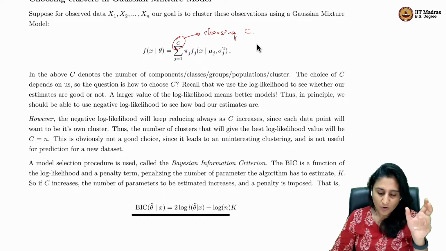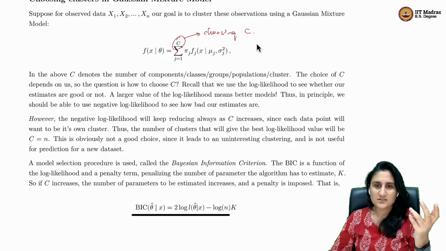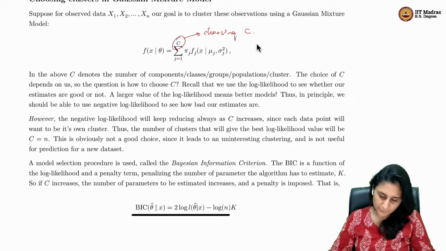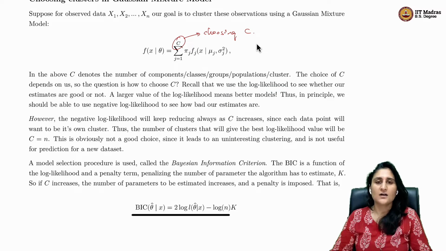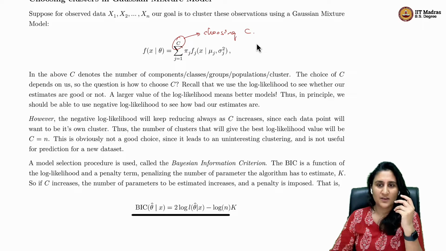Now, recall that the way we're fitting these models is by using the log likelihood, right? In general, the log likelihood tells us, given the data that we have observed, which values of the parameter are most likely.